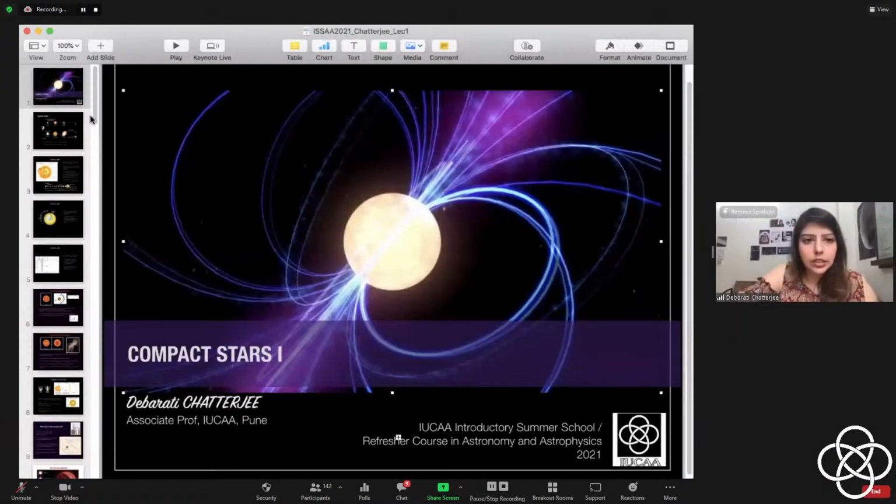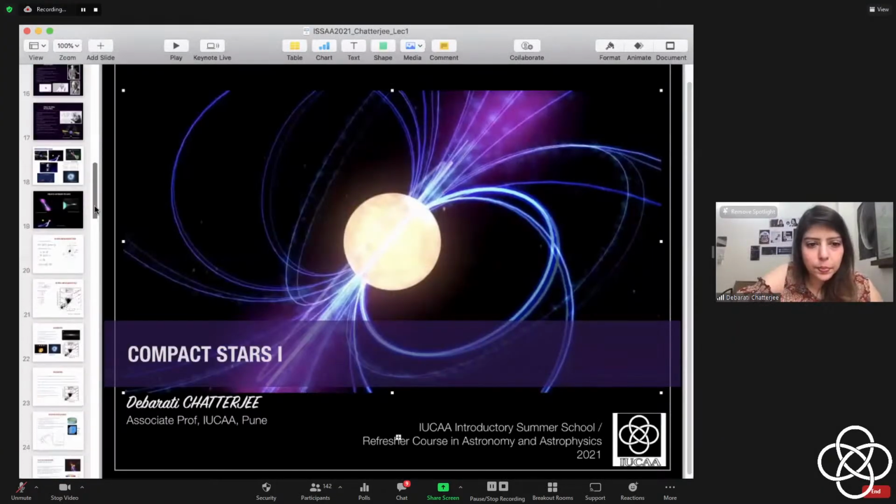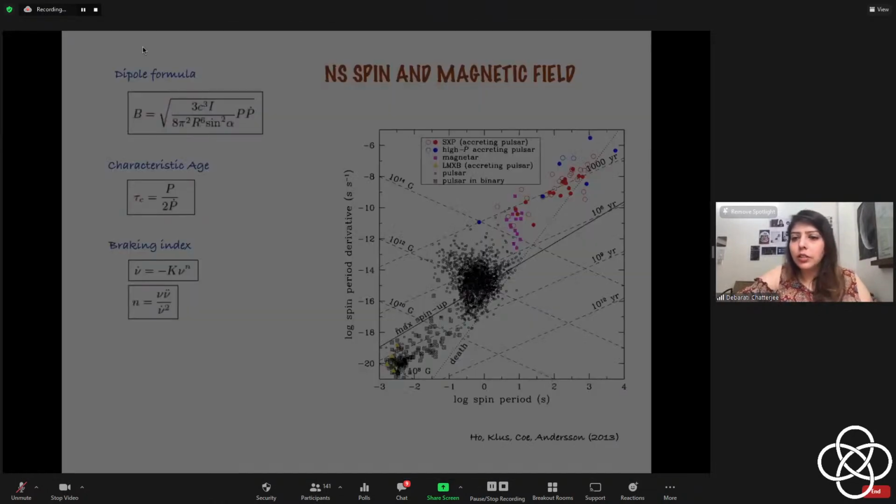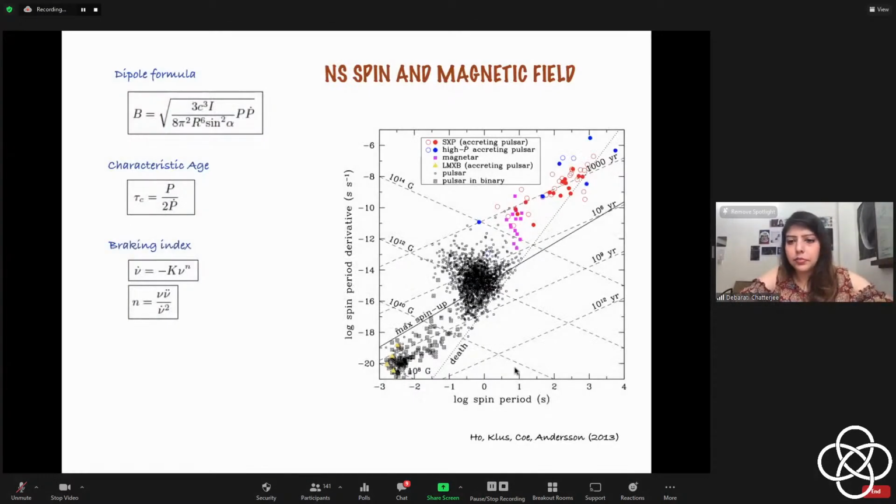In yesterday's slide, remember I showed the pulsar diagram. Here you see that there is a death line, beyond a certain magnetic field. The magnetic field in a neutron star starts to decay, and at a certain point, when the magnetic field is too low, the pulsar mechanism will stop and there will be no pulsations.